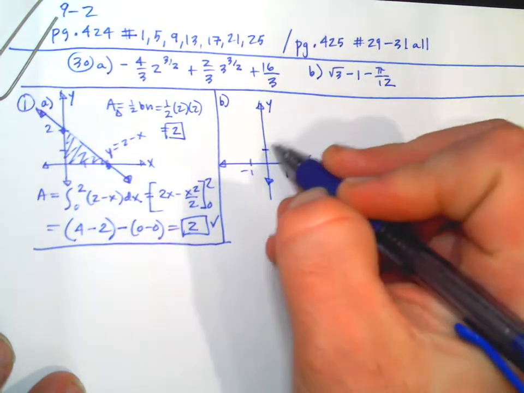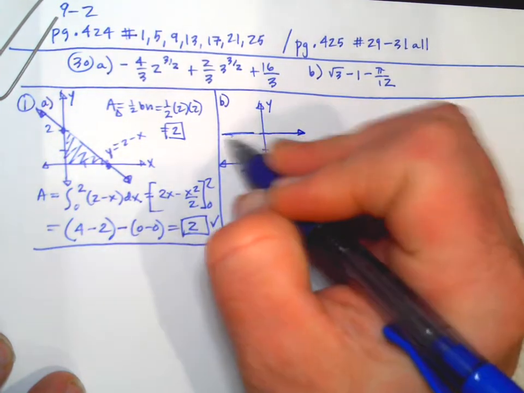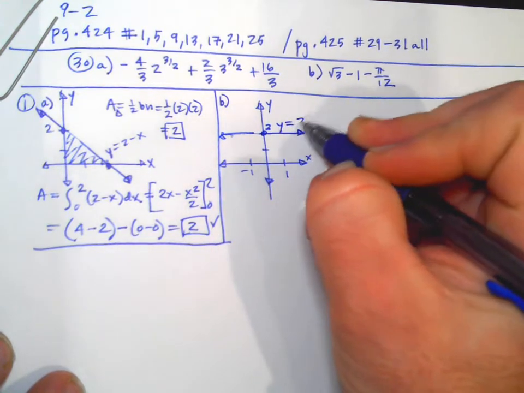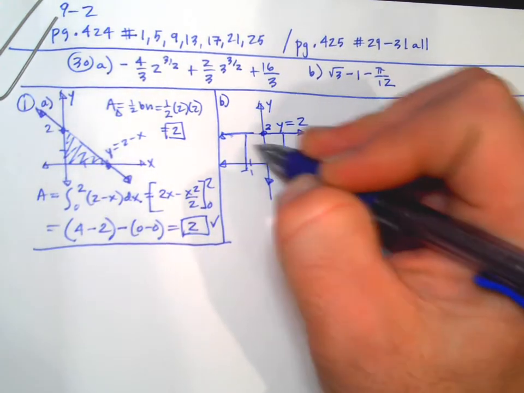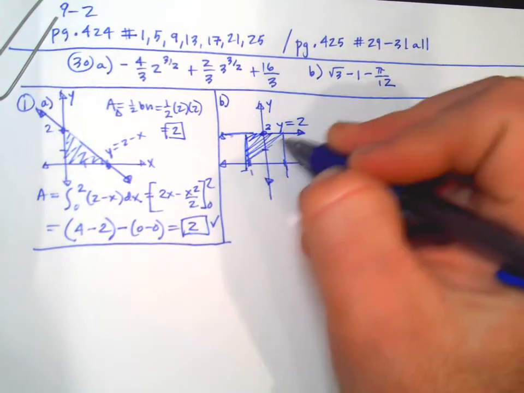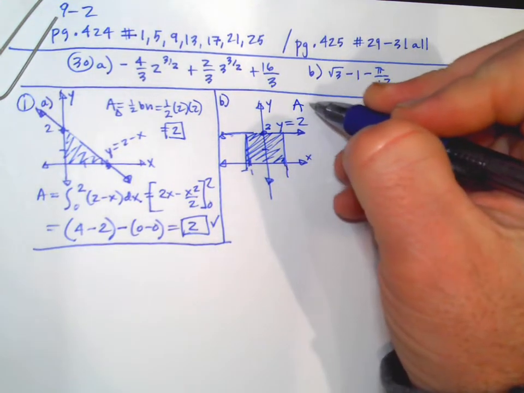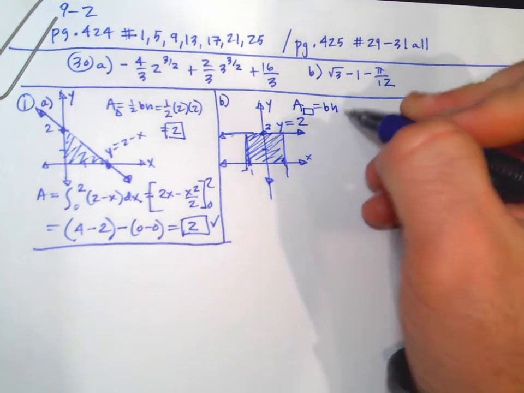It's a horizontal line through 2, so y equals 2, going from -1 to 1. Using geometry, that is the area of a rectangle, base times height.